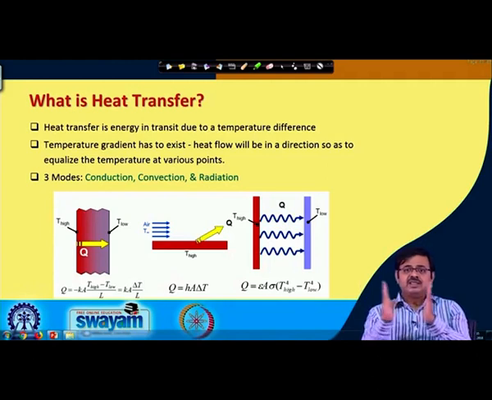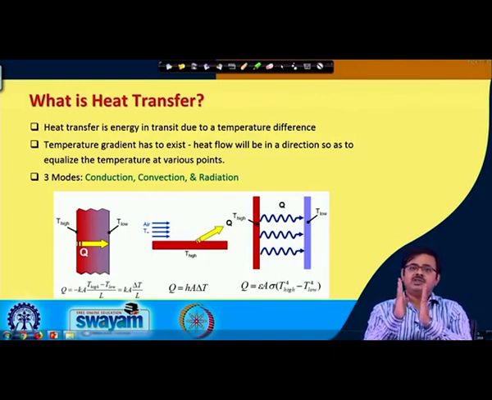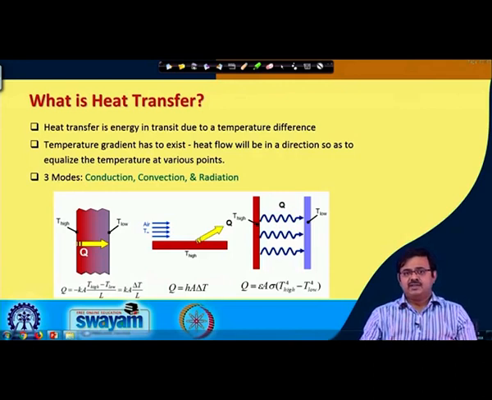Now, what is the net exchange between the two? If you have two such surfaces, then the radiation emitted by surface 1, part of it falls on surface 2. Similarly, the radiation emitted by surface 2, part of that falls on surface 1, and the net exchange therefore is the difference of the two.